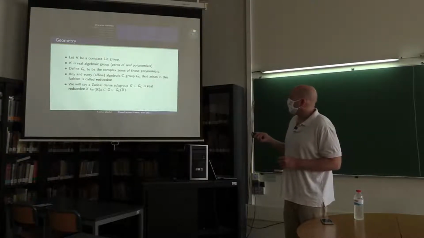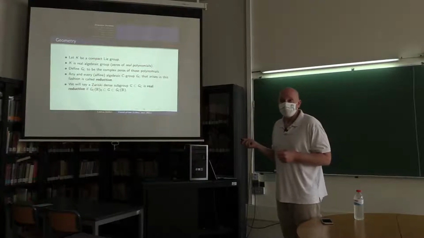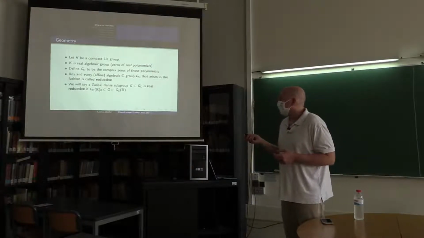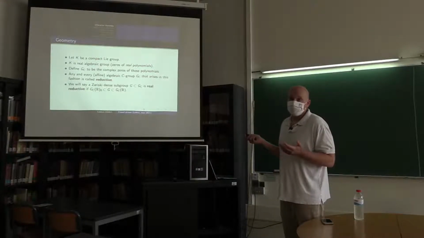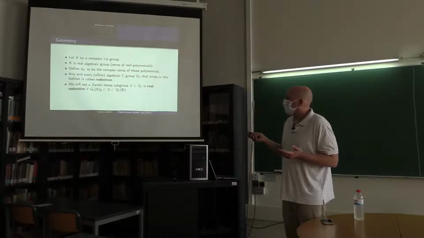And then if you look at, with respect to some model for this algebraic group, so some choice of polynomials, you can go backwards and ask, what are the real zeros? Now, it doesn't necessarily get you back to K. There are different polynomial models over R, and different real loci will give you different groups here.